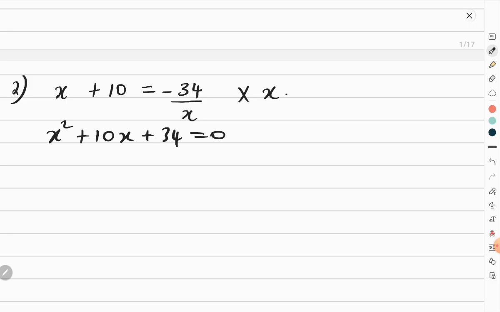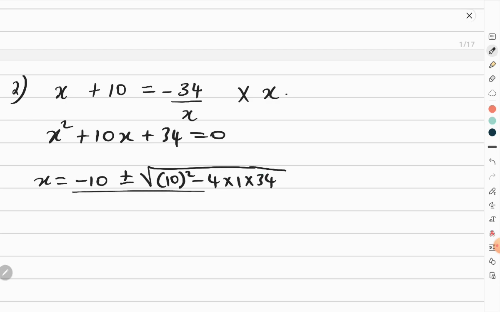Then we are going to use our quadratic formula. So we have negative 10 plus or minus the square root of 10 squared minus 4 times 1 times 34, all divided by 2 times 1.